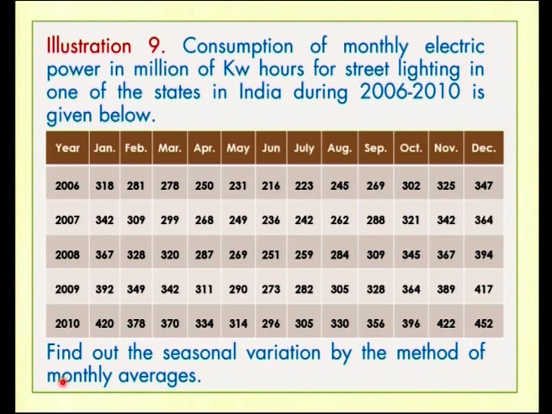Now if you see, the values are given in terms of 12 months. Consumption of monthly electric power in millions of kilowatt hours for street lighting in one of the states in India during the years 2006 to 2010 is given below.